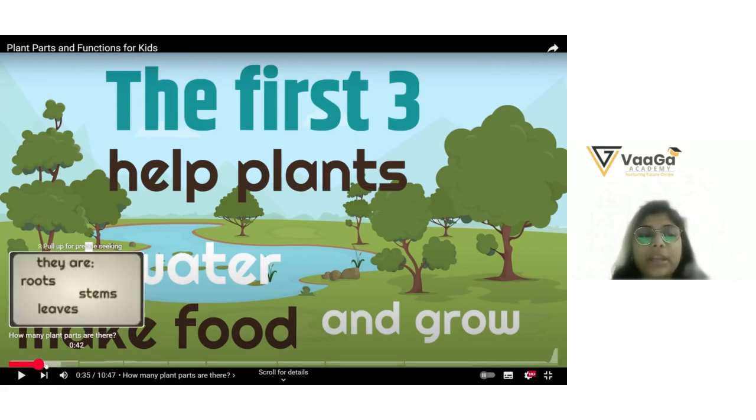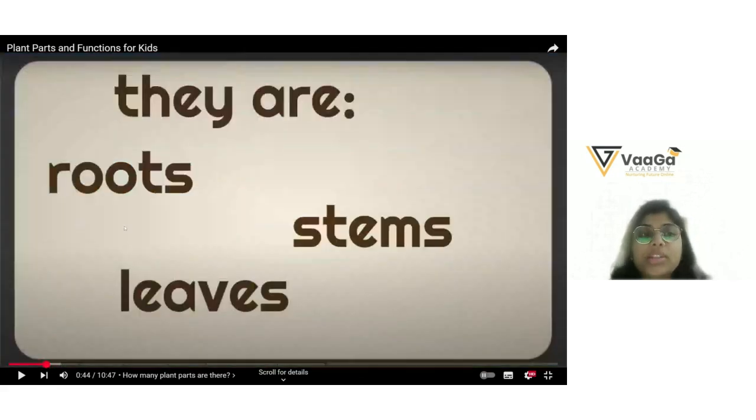These three parts are roots, stems, and leaves, okay. From the roots, from the stems, from the leaves, the plants can get water, they can prepare their own food, and they can grow, correct. So the first three parts of a plant are these.